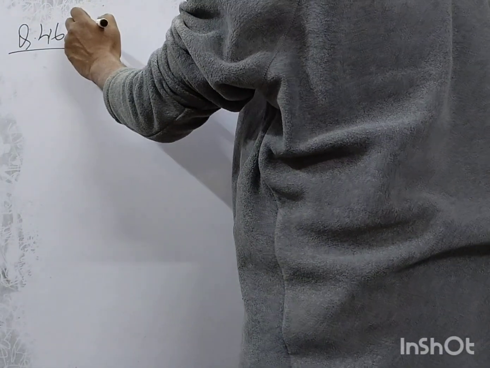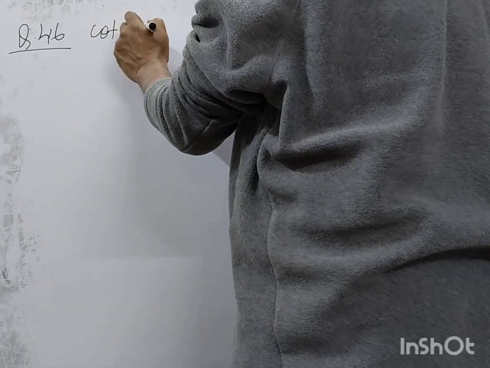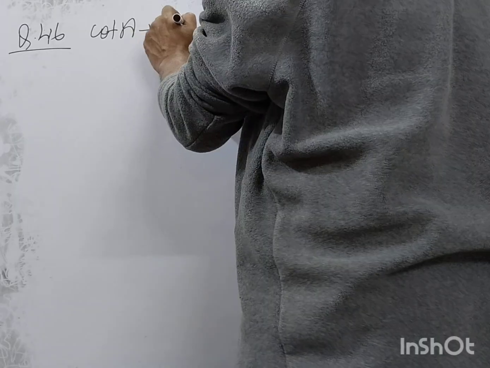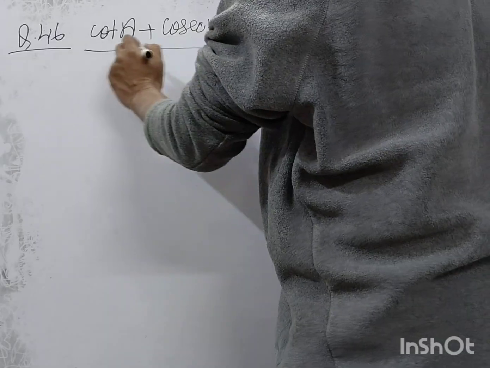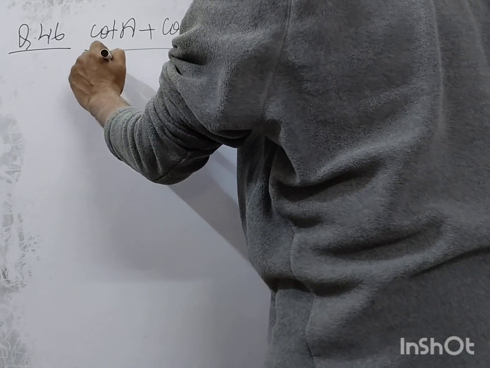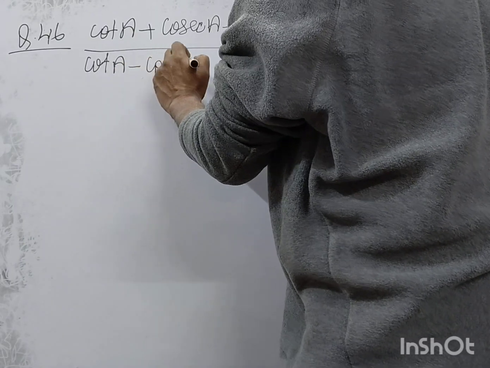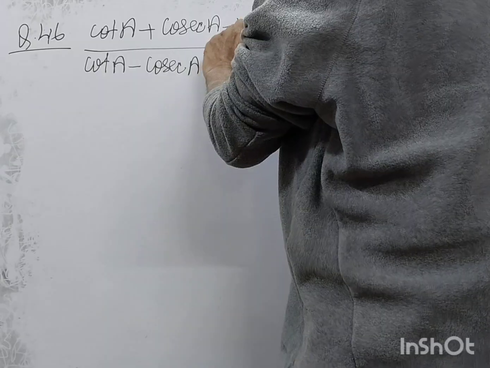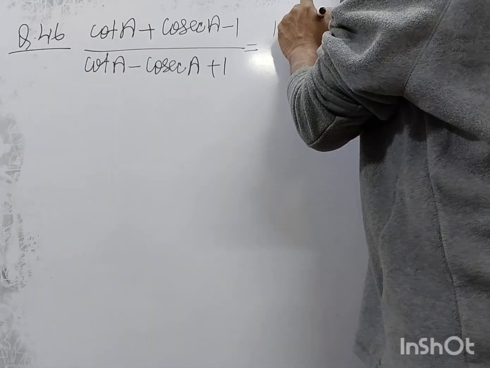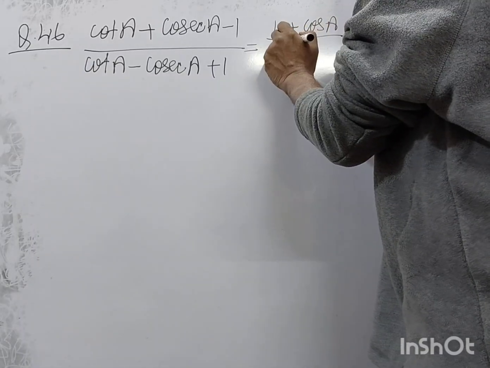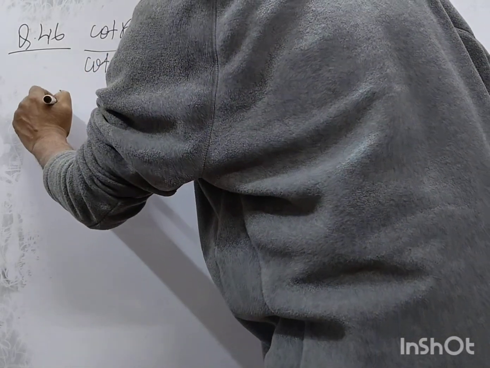They are saying cot A plus cosec A minus 1 upon cot A minus cosec A plus 1 is equal to how much? 1 plus cos A upon sin A. Right? You get it like this. So we will take LHS.